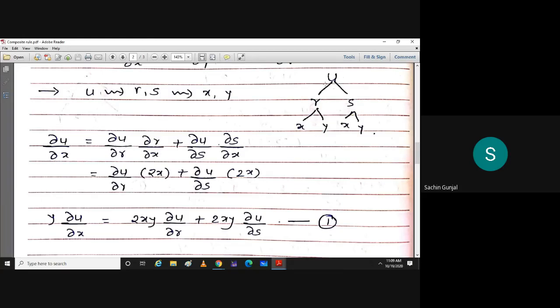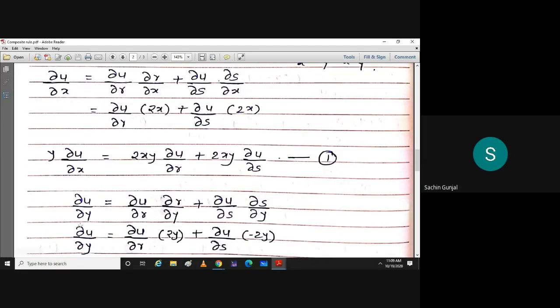Then how do you calculate u with respect to y? You calculated u with respect to x. Similarly, calculate u with respect to y. ∂u/∂r into ∂r/∂y plus ∂u/∂s into ∂s/∂y. Good.